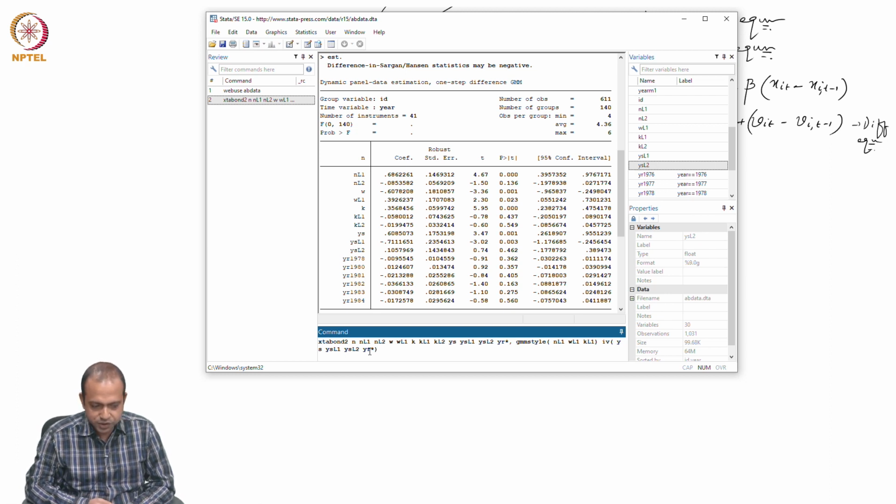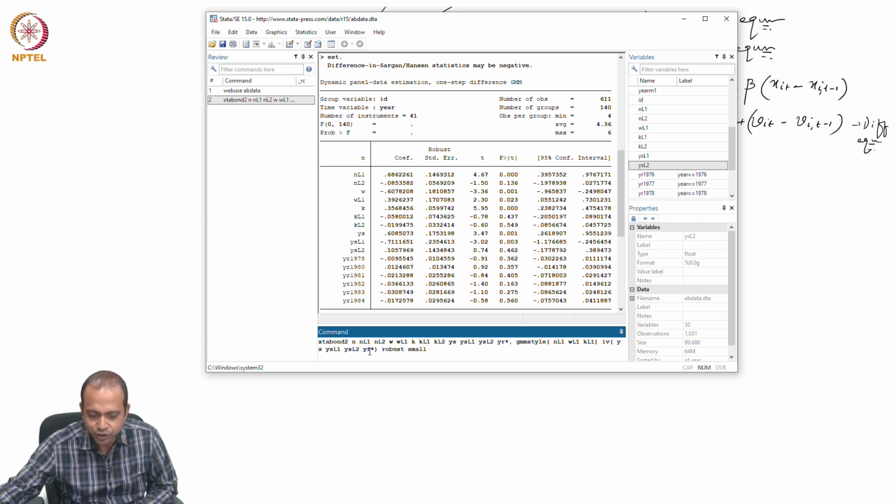So, this is my specification, and then I have robust and small.